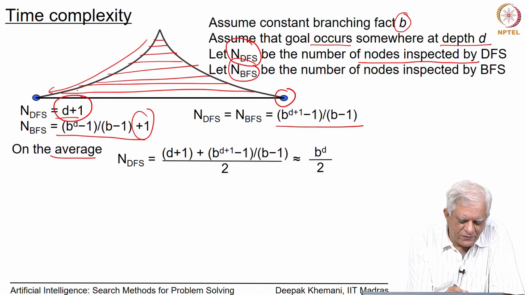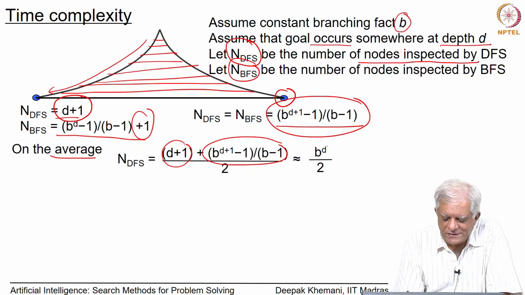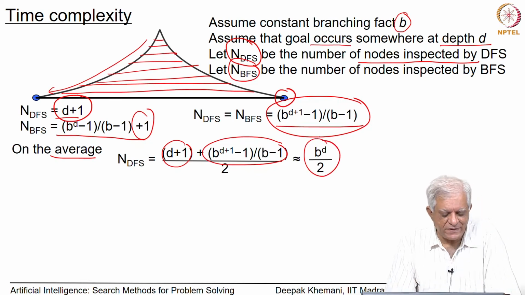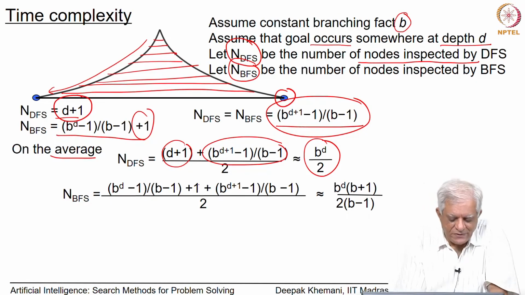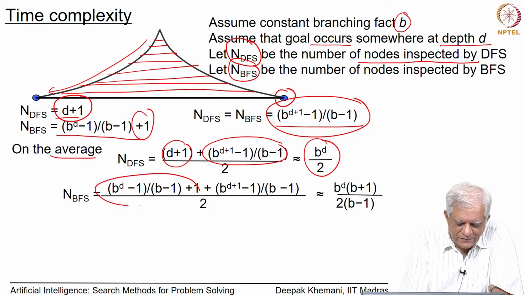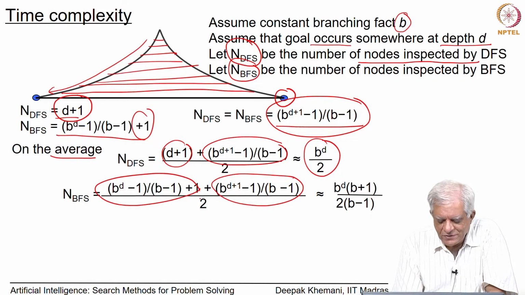So, this value for depth first search and these two values which are given here and here, and you can see that after you ignore small constants, this comes to around b raised to d divided by 2. Likewise, for breadth first search, it is the average of these two values, the one on the left which we had written there, and the one on the right which is here, and once you ignore those small constants, it comes to about this much.